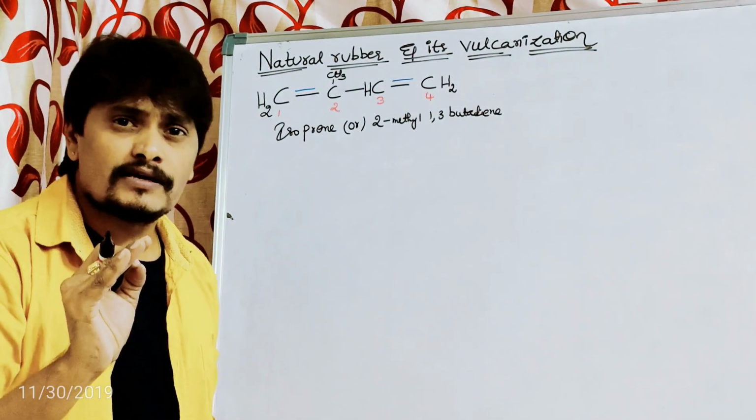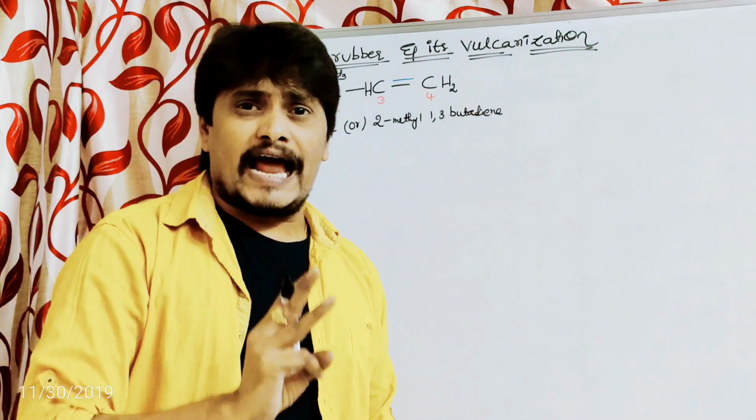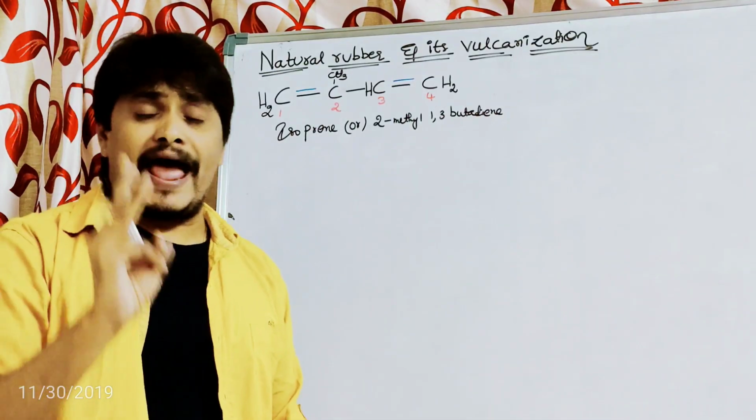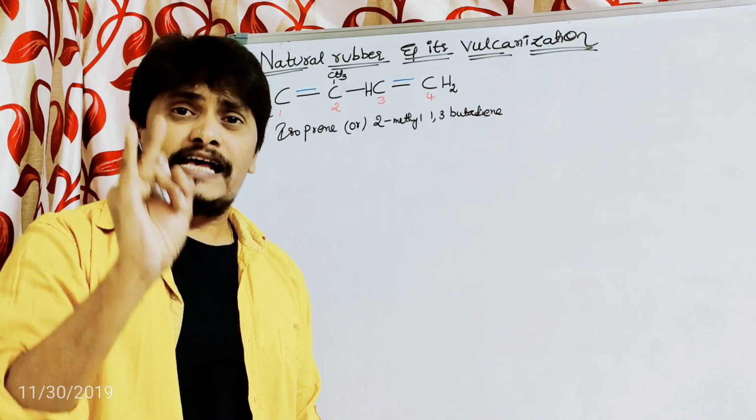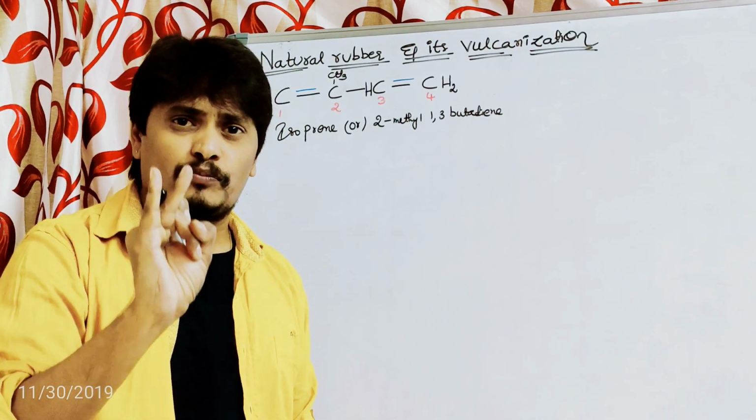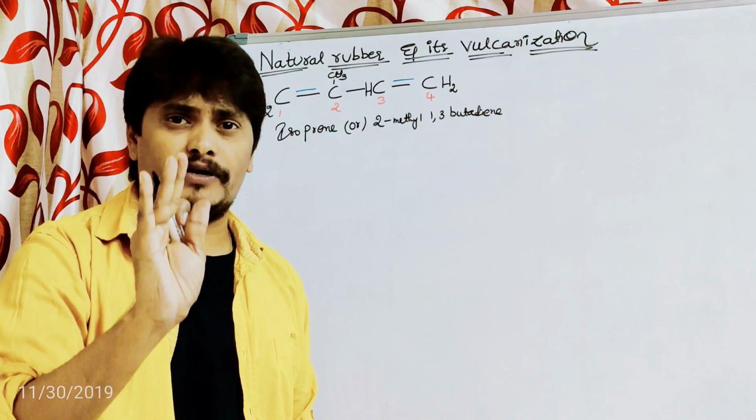Now students, we have three categories of polymerization. The first is addition or chain growth polymerization. The second is condensation or step growth polymerization. And the third is copolymerization.